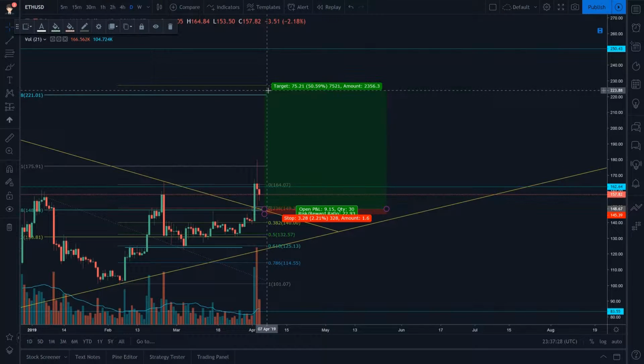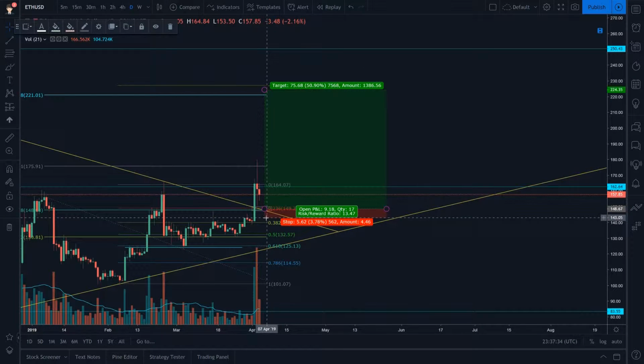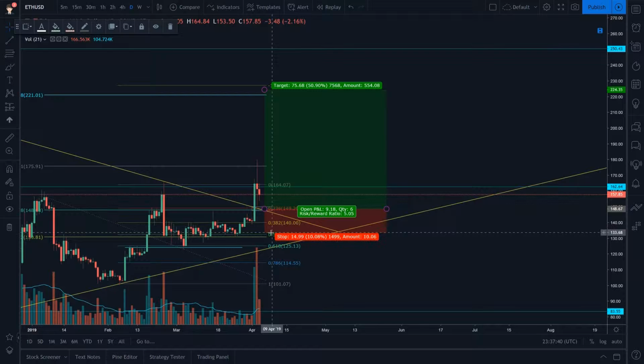If you're targeting this range up here, 50%, that's an RR of 2 or 3. I mean, a 4-to-1 is respectable. A 4-to-1, geez, that puts you at a 10% stop loss. So that's a very, very generous stop.